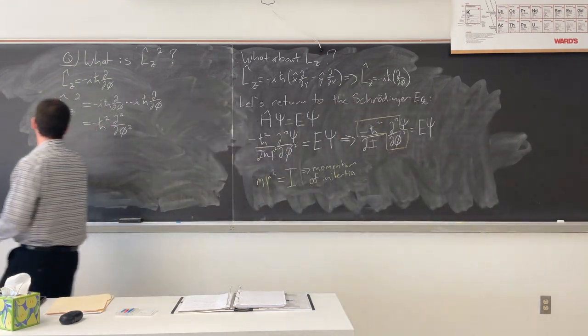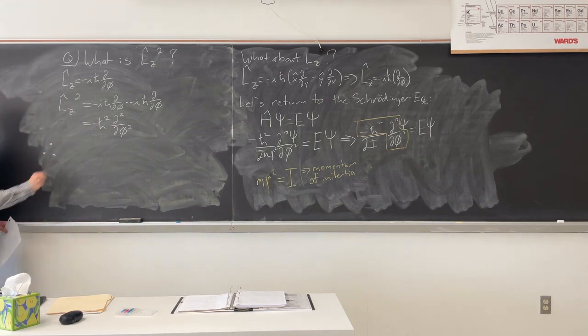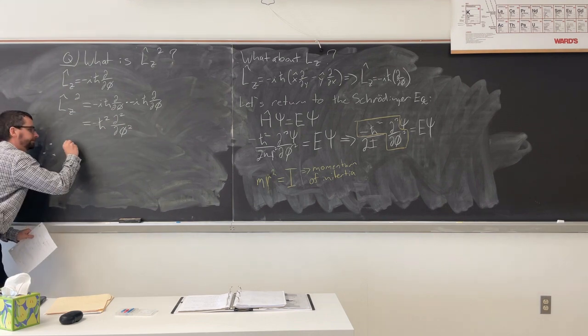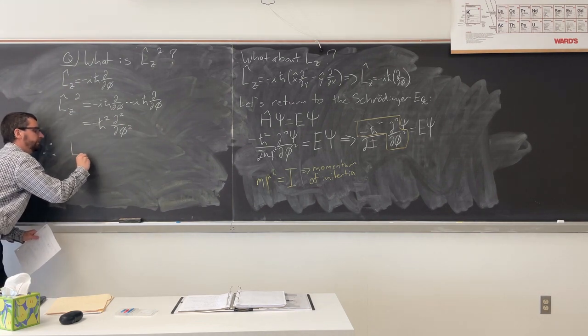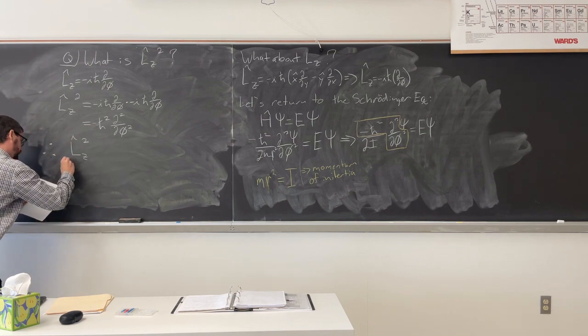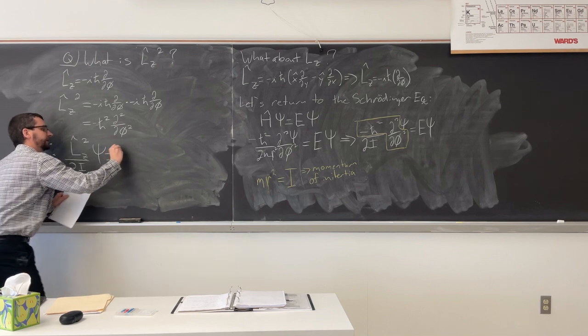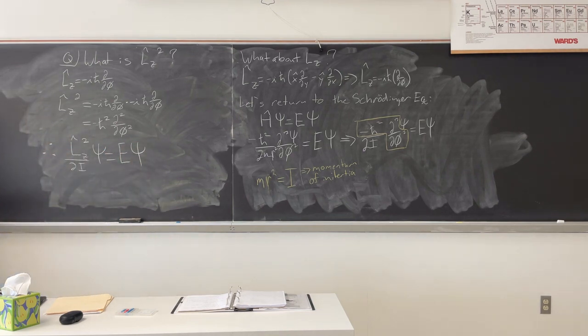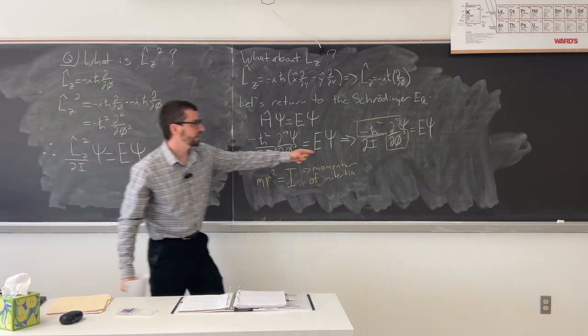So therefore, we could express our Schrodinger equation in terms of this momentum, or excuse me, angular momentum. Lz hat squared over 2I psi gets us E psi. Or we could leave it just like this.